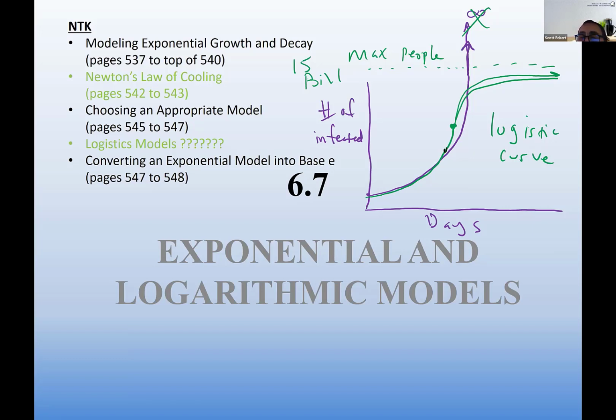But if we really work hard at containing ourselves, the logistics curve, we control the inflection point and get it to change sooner. So I think Trump is leading us as a country really well to get that inflection point to happen sooner.